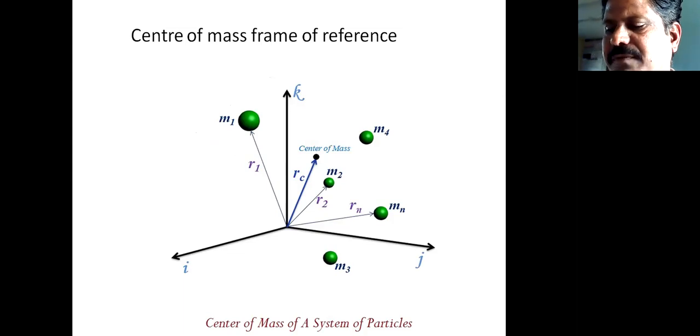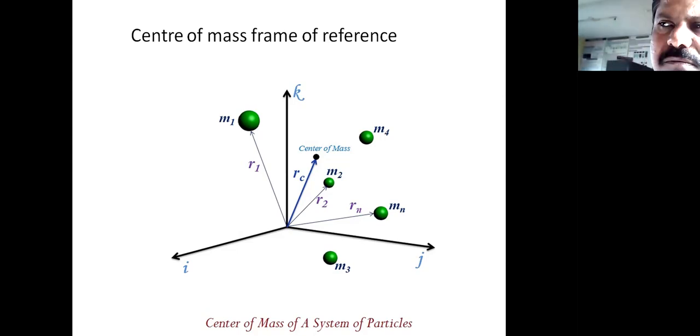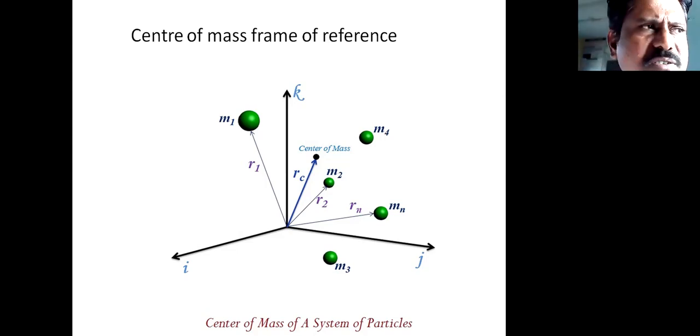Here they have used the term center of mass frame of reference. In my last class, I already defined what the center of mass is. Whenever a system consists of N number of particles, it is difficult to specify the position of each individual particle in that system.